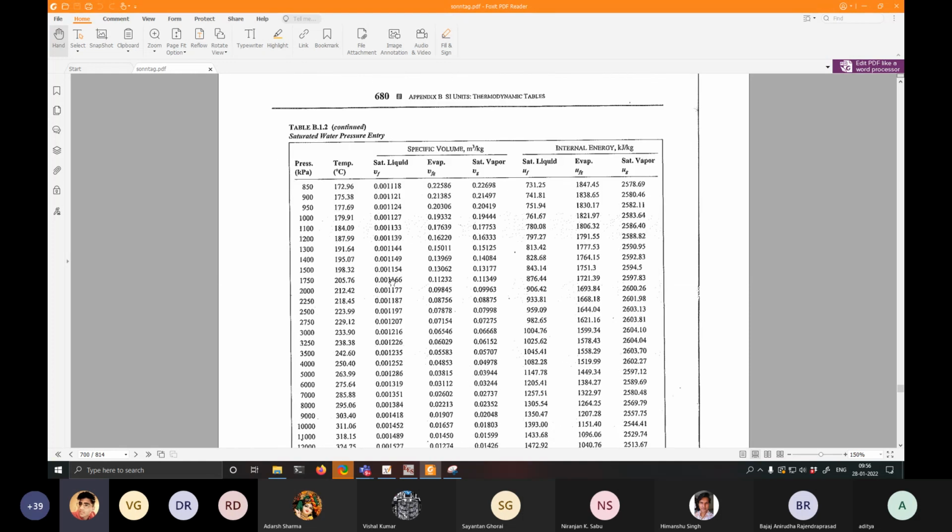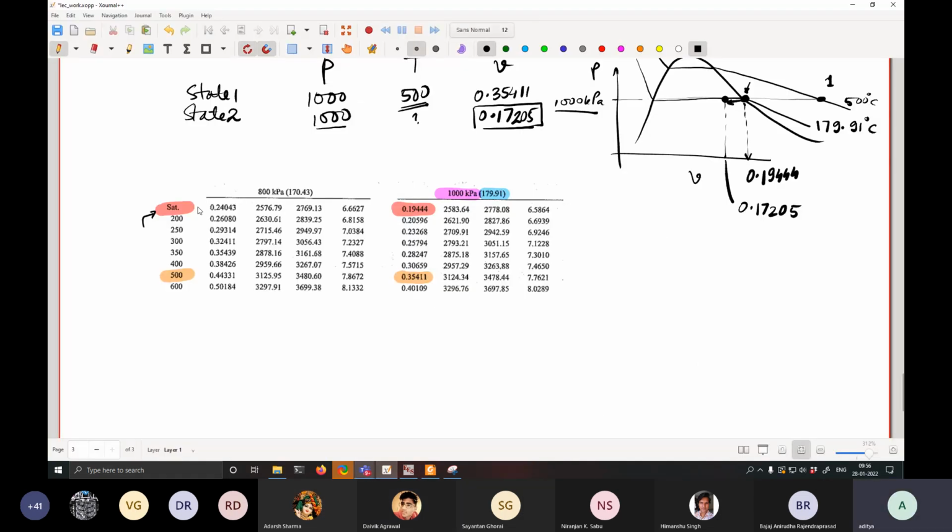So for 1000 kilopascal and the saturation temperature, the V is the Vg, like in the superheated table. In the superheated table, you mean this? Yes, obviously it's going to be the gas phase.